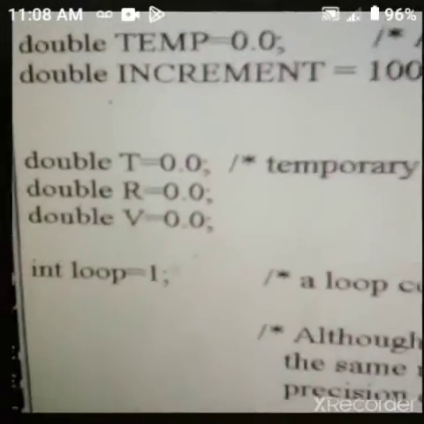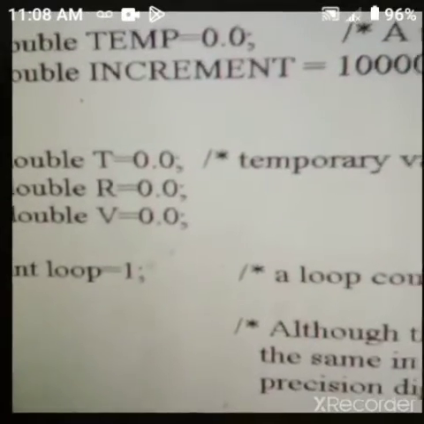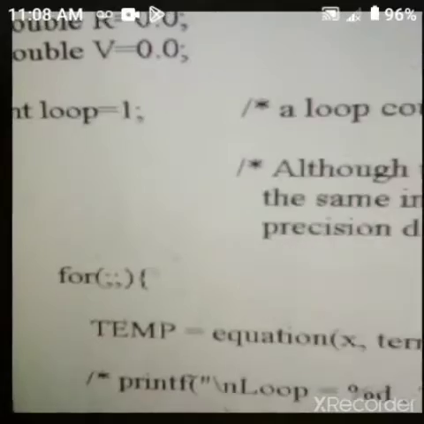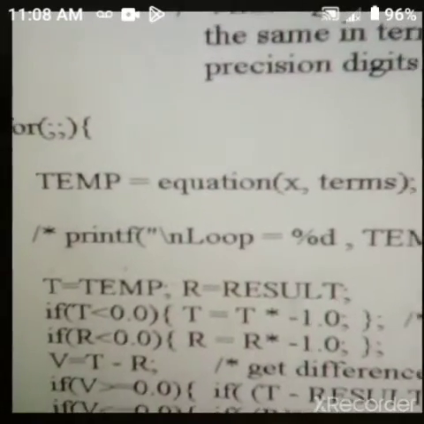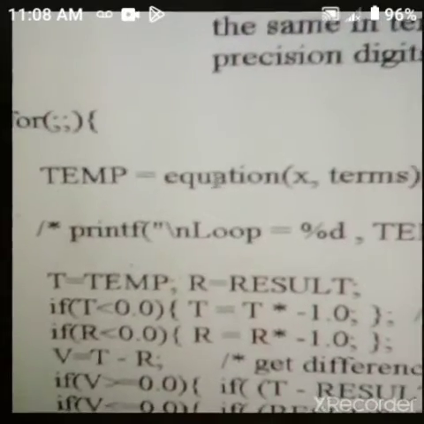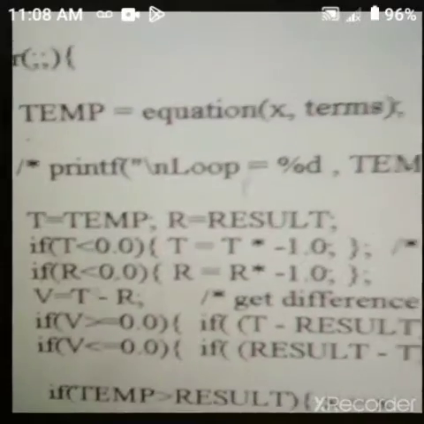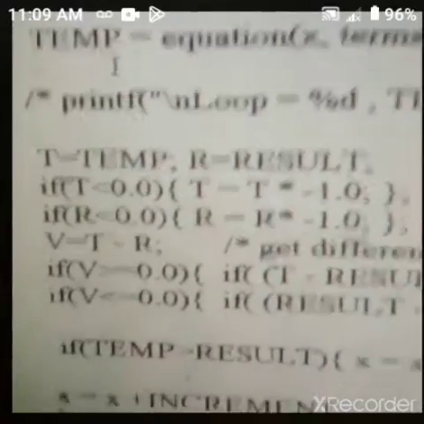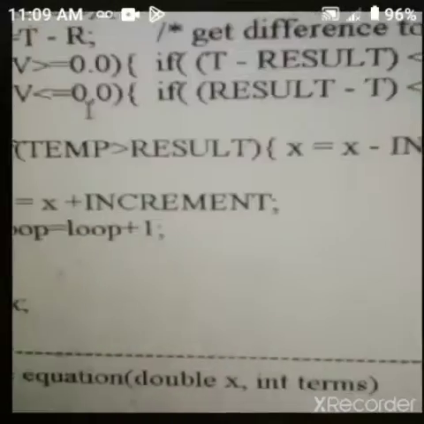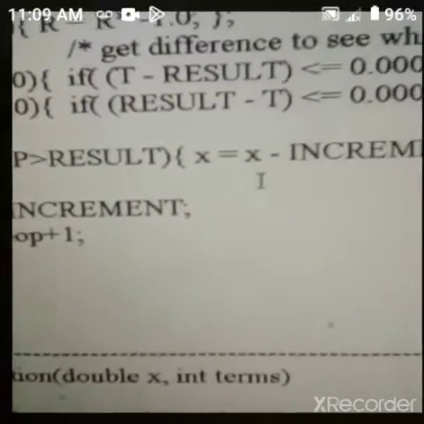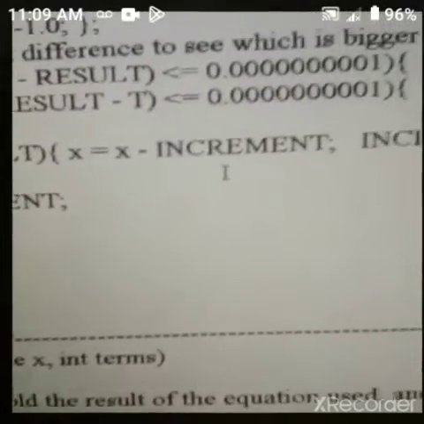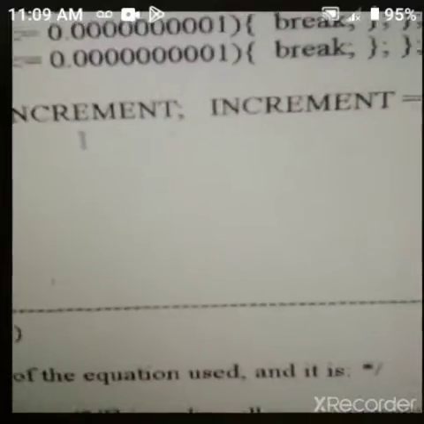TR and V make the result of the equation test value, temporary value, a positive value. Of course, I have it also set to go to a function to do that, and then return the temporary value. And if it's more than a result, that means temp's too high, so decrement x by the increment here for the algorithm, and then increment equals increment divided by 10.